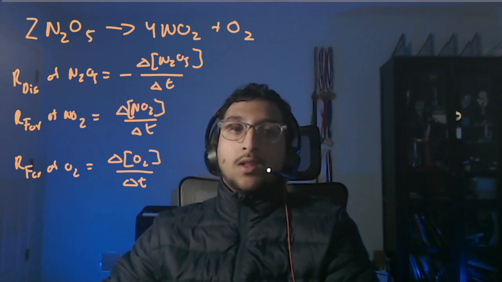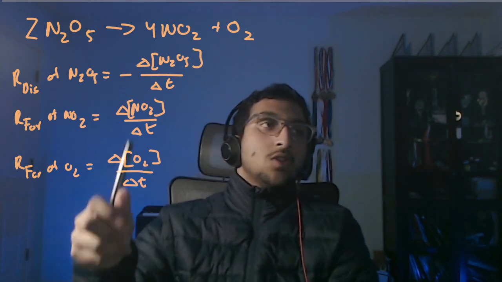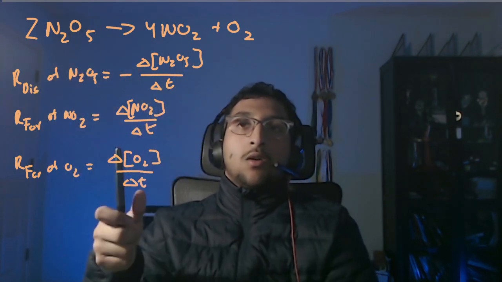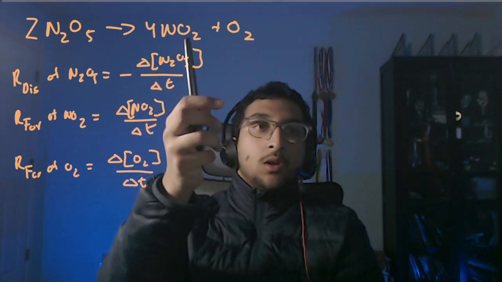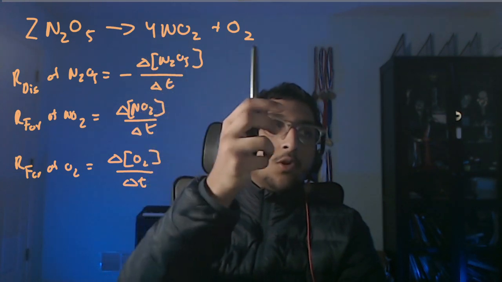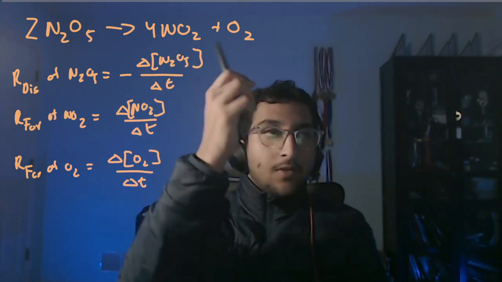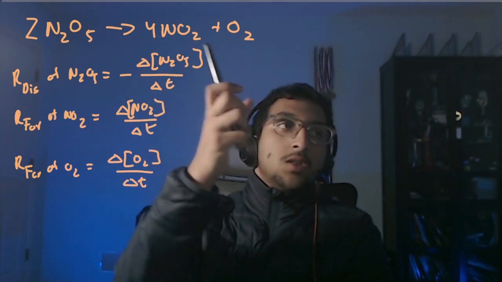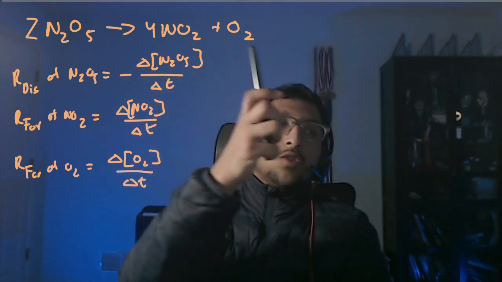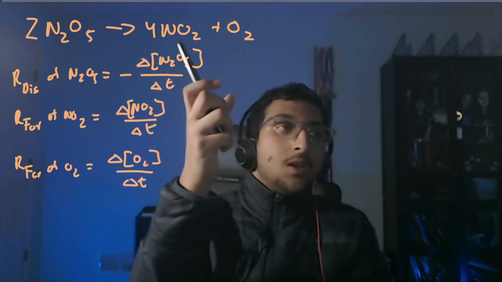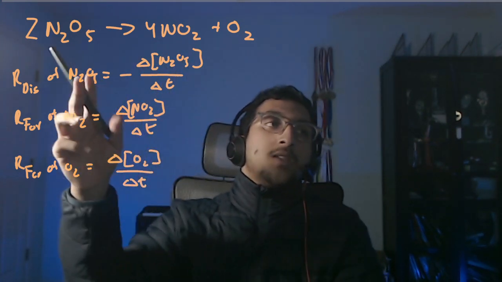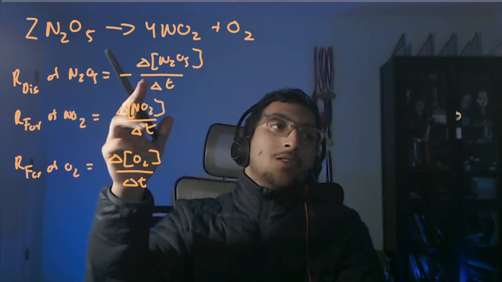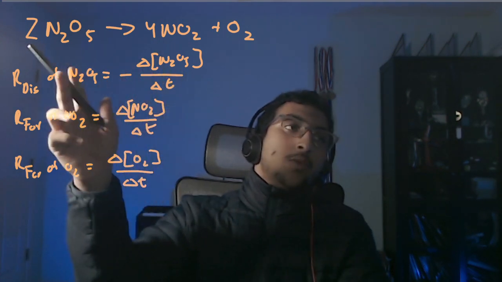So how can we relate these rates? Well, we can just use the coefficients here. The rate of formation for NO2 is going to be 4 times the rate for O2, because for every 1 mole of oxygen, there are 4 moles of NO2. We can use that same reasoning to say NO2 forms twice as fast as N2O5 disappears, because 2 is here and 4 is here.